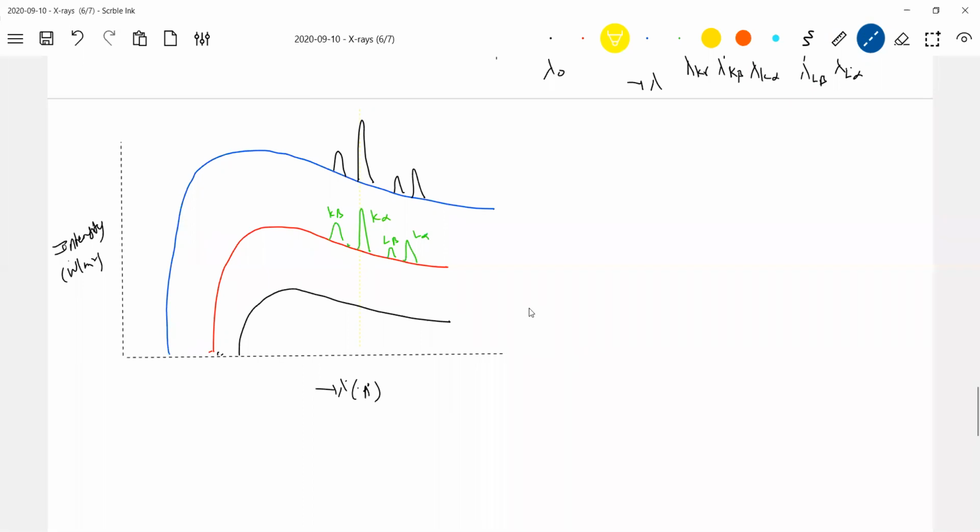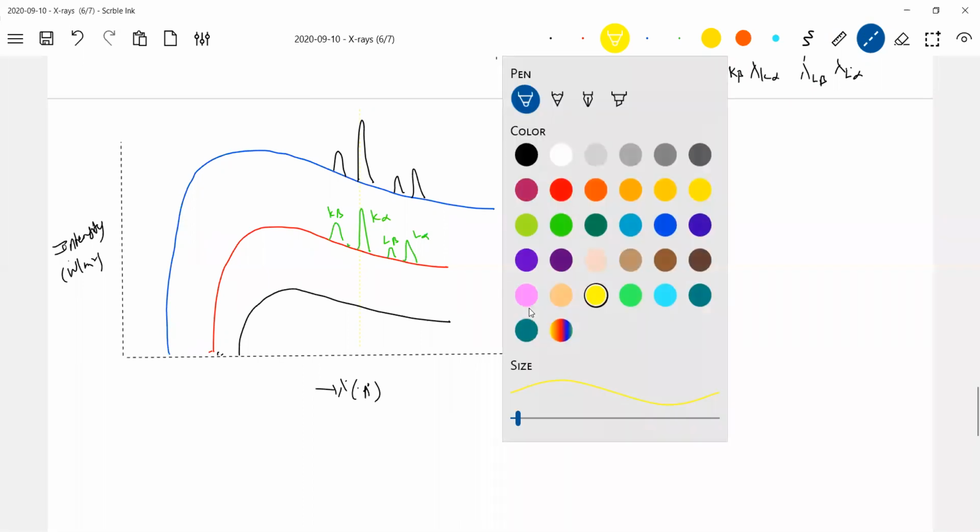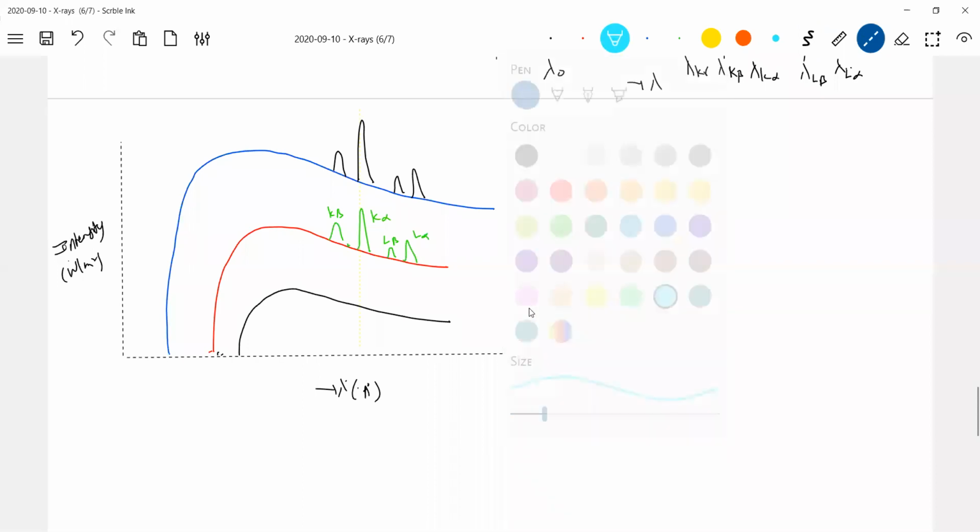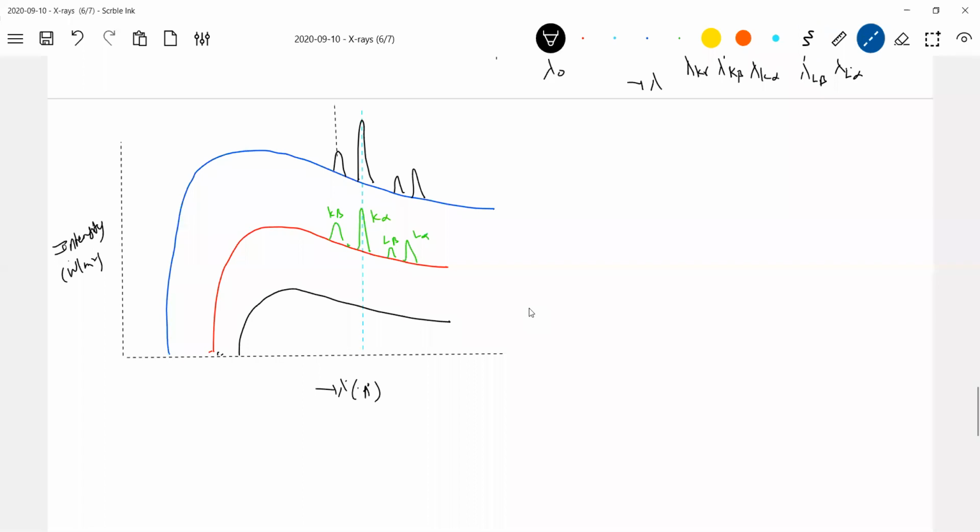I think this line will be visible. You should not shift that particular line. If you vary the accelerating voltage, it should not change. Where is the K alpha? It will be there only.